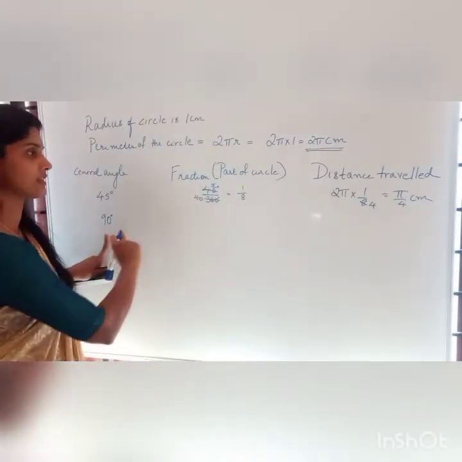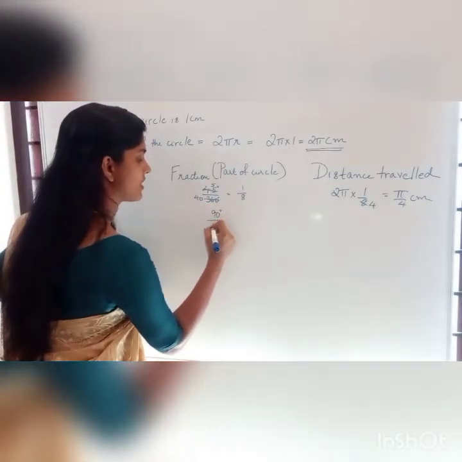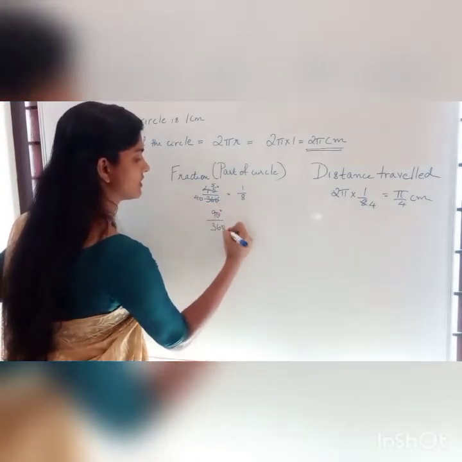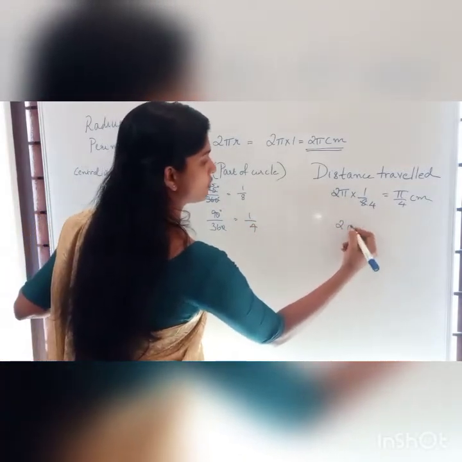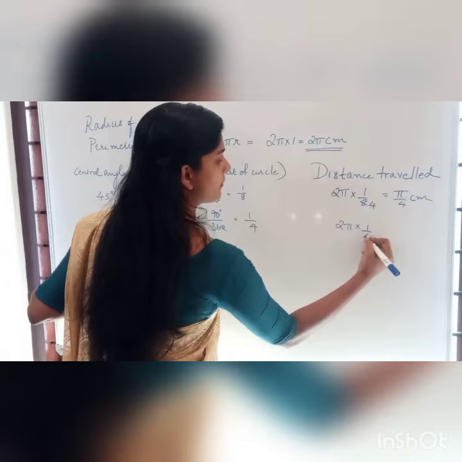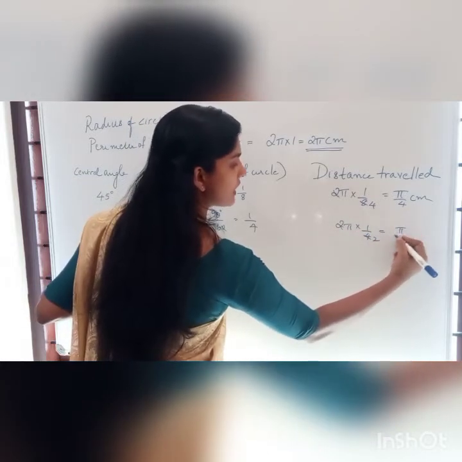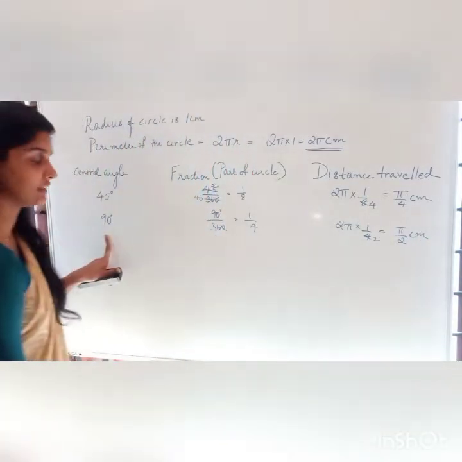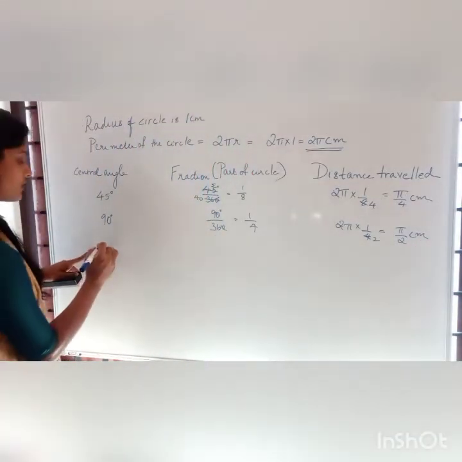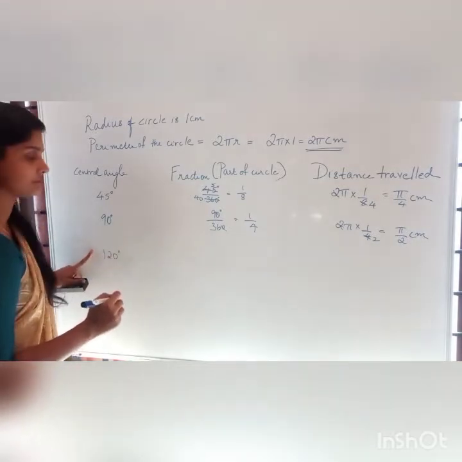Okay, now 90 degrees. What about 90 degrees? How will you convert? As 90 degree by 360, 1 by 4, 2 pi multiplied by 1 by 4. What is it? Pi by 2 centimeters. Now what was the other degree I have given? 120 degrees.